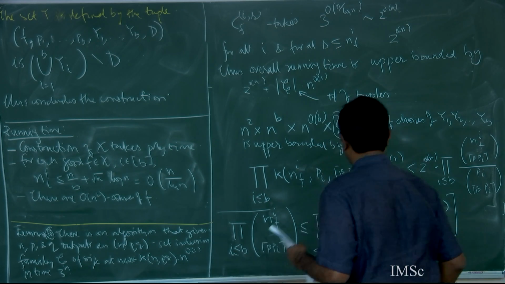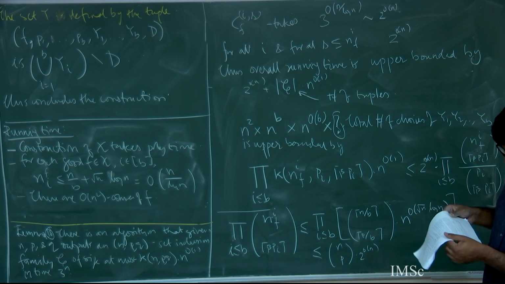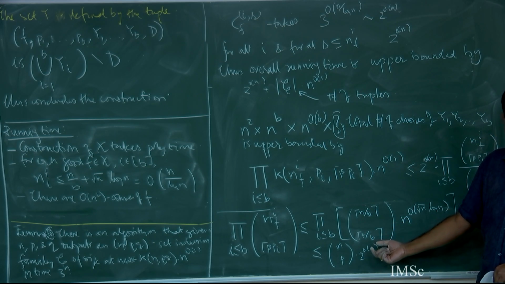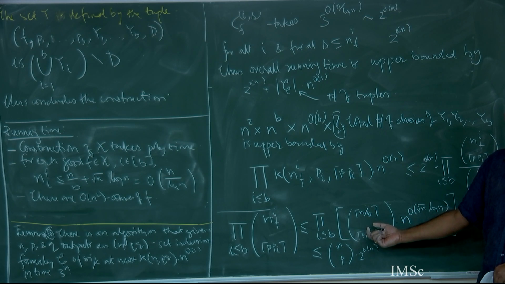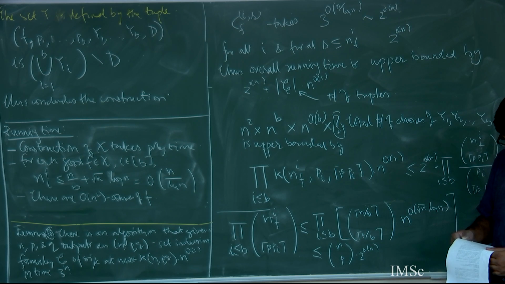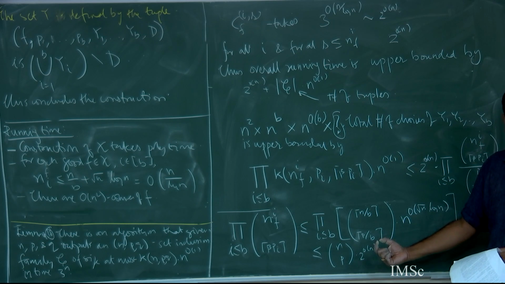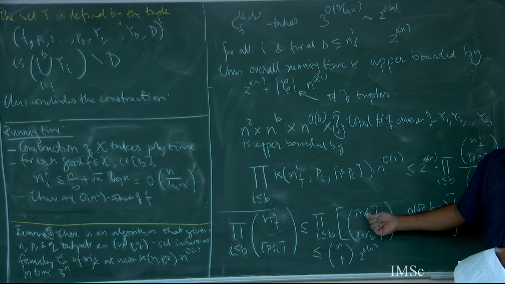You know why? So you see what happens. Think of it this way: you are picking p by b elements from a universe of size n by b, right? This is what is happening. And imagine yourself picking a set of size b times this from a b times this universe.